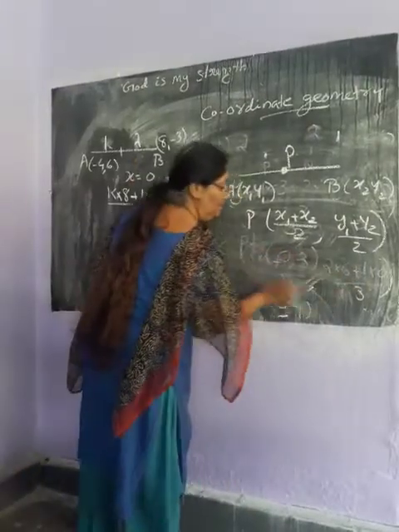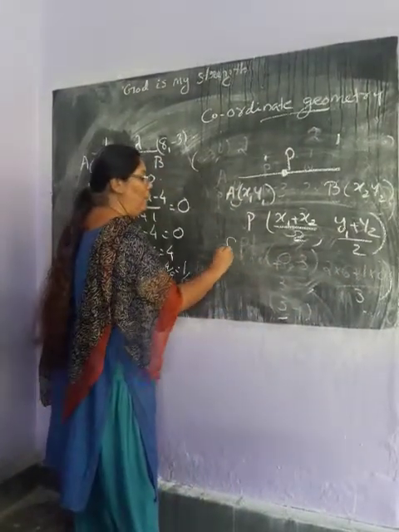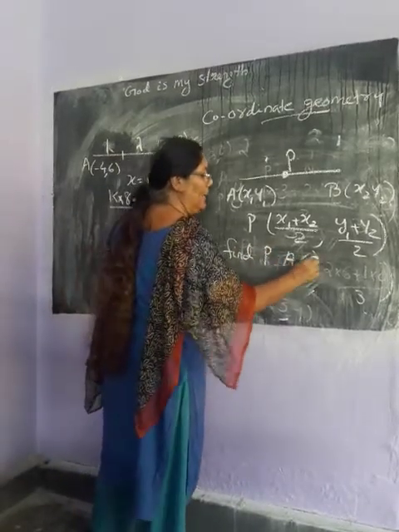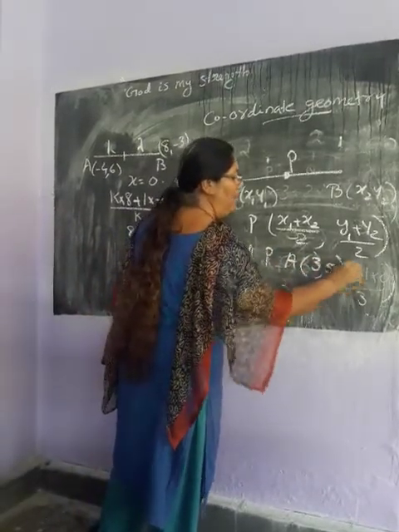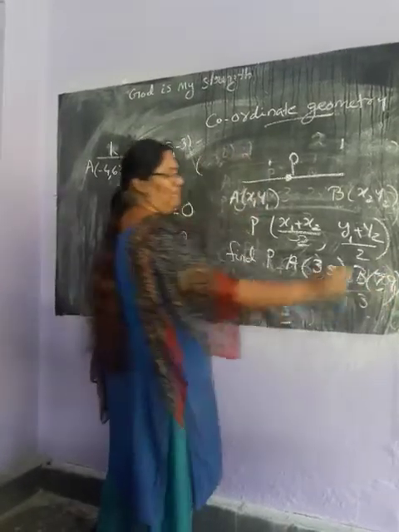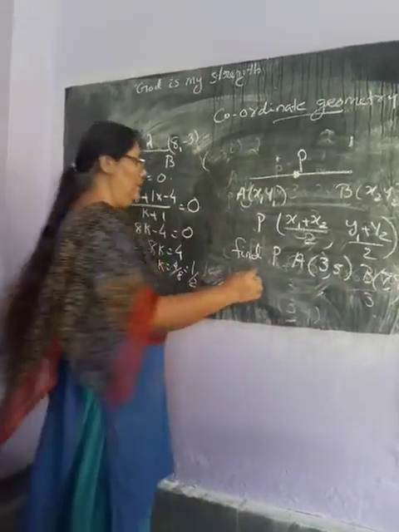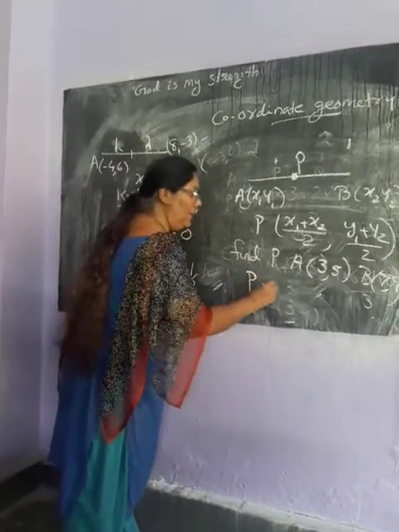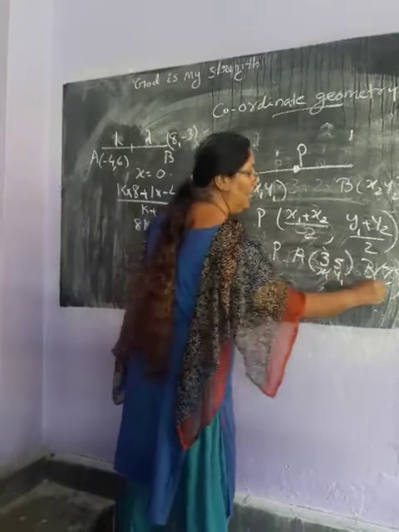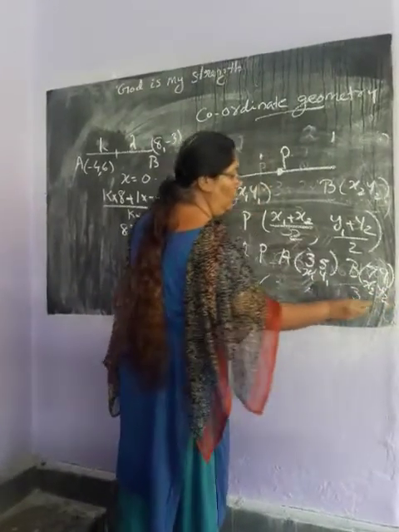We can write one example. Find the midpoint of A 3, 5 and B 7, 9. What is the midpoint P equal to? You can mark the first as x1, y1 and the second one as x2, y2.